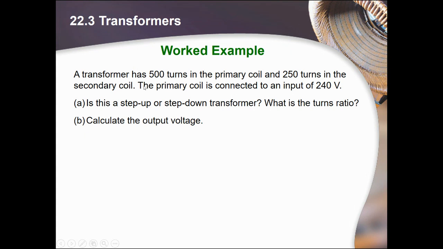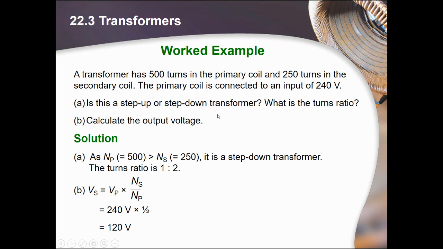I will continue. To determine whether it's a step up or step down, I need to think of the number of turns in primary and secondary. I have 500 turns in primary and only 250 turns in secondary. So I have fewer turns in the secondary coil. Fewer turns means less EMF. So it's a step down transformer.